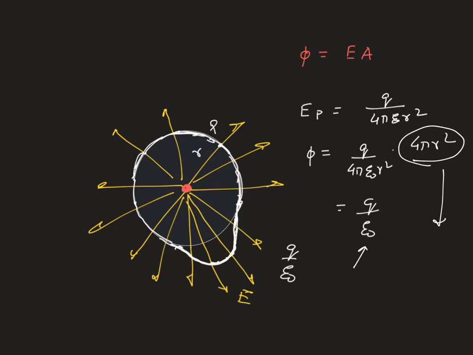And if we get a different value here, we are doing something fundamentally wrong, because the flux is always going to be q by epsilon naught. So this is clear that we cannot directly multiply field with area. If you multiply field with this dented area, your flux is going to change, and that is wrong because flux is constant. So what do we do? We'll see that on a different page.